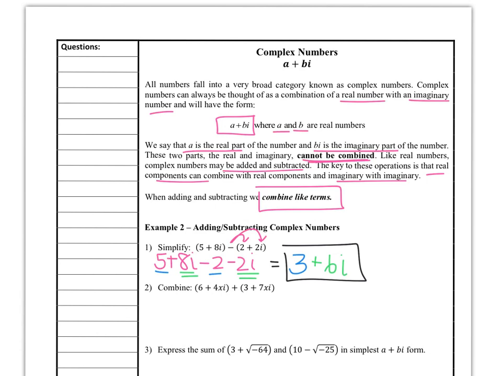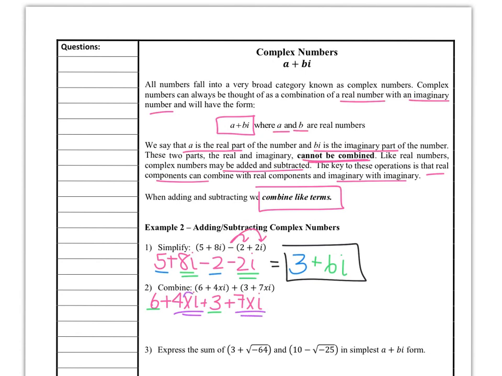Next one, we've got combine these two expressions. There's a plus sign in the middle, so plus does not mean we need to distribute. We just write it down, drop your parentheses. We want to find like terms, so this is a real component, this is a real component. There's no i's on it. And then these two are both the imaginary parts, so those get combined.